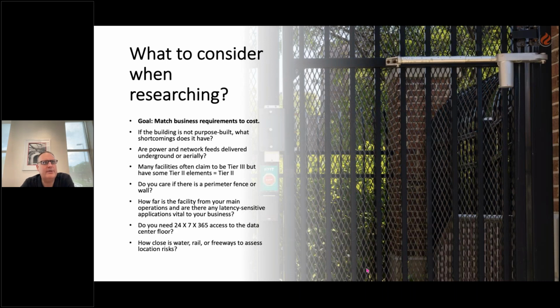Another thing that doesn't come up in the tier system is how the external connectivity comes into the data center. And you can see this visually even from outside a data center. And by this, I mean aerial delivery of power and network on a telephone pole or underground. So on an aerial system, it's inexpensive compared to underground by a factor of about 5.